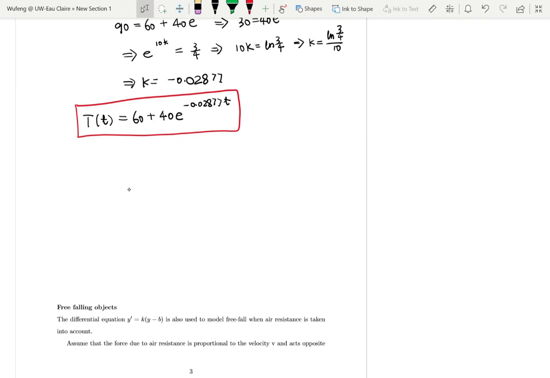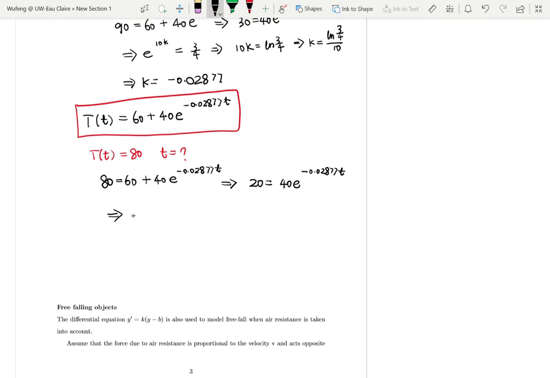So now we solve when T(t) equals 80, and then what is the small t? We let 80 equal 60 plus 40 e to the negative 0.02877t. And we solve that, which is 20 equals 40 e to the negative 0.02877t.